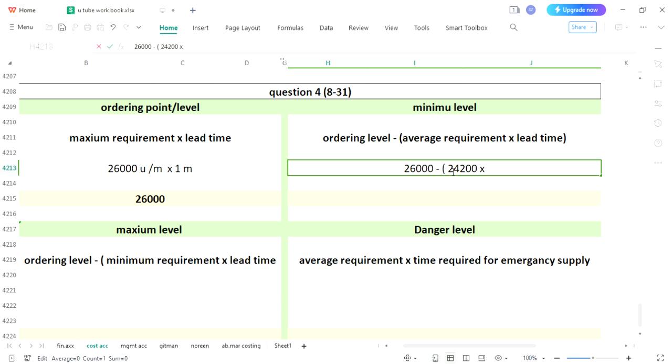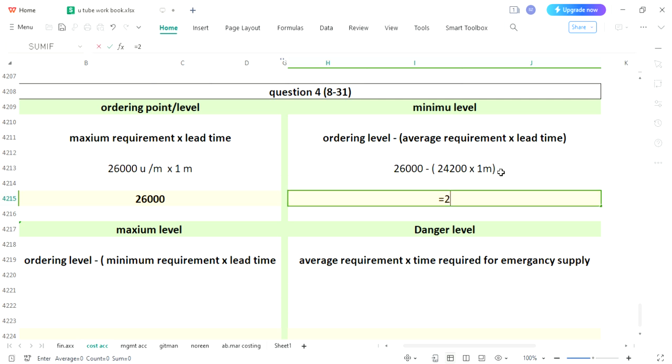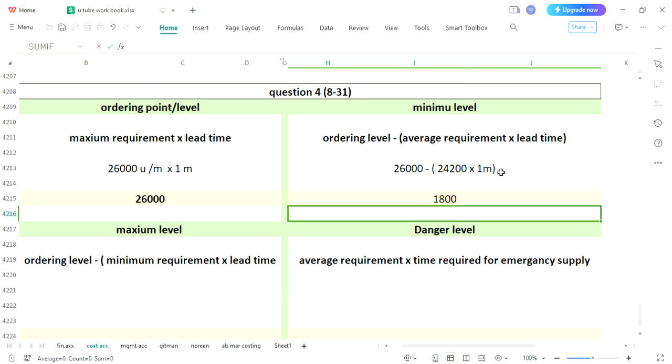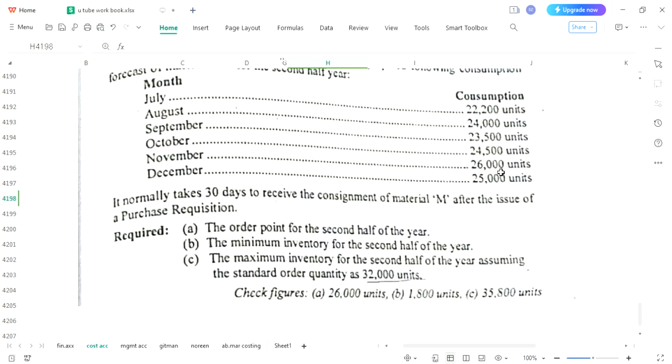Since this is a monthly average requirement, we need to put the time in months as well. So 30 days is 1 month. This way you have completed your formula. Now we can put 26,000 minus, bracket open, 24,200 multiplied by 1, bracket close. So guys, we have calculated our second answer, 1,800 minimum requirement.